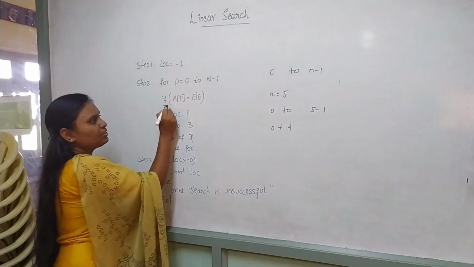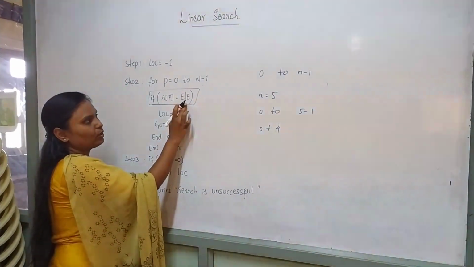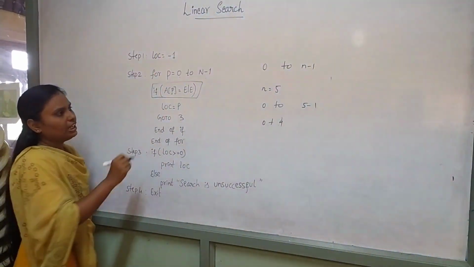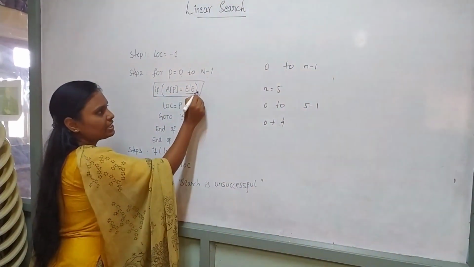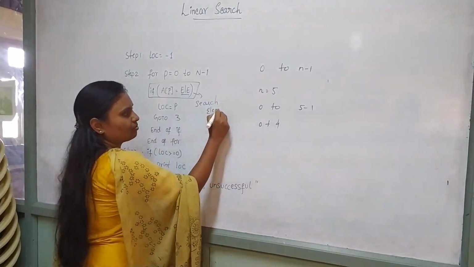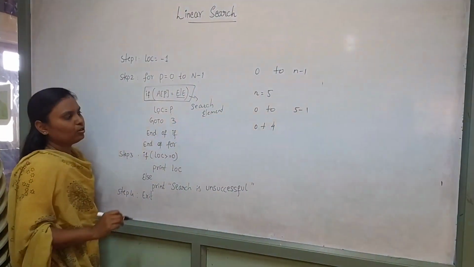First we give the condition, that is a of p is equal to element. Here p means the position of the element, and element means the searching element. Next, location is set equal to p.